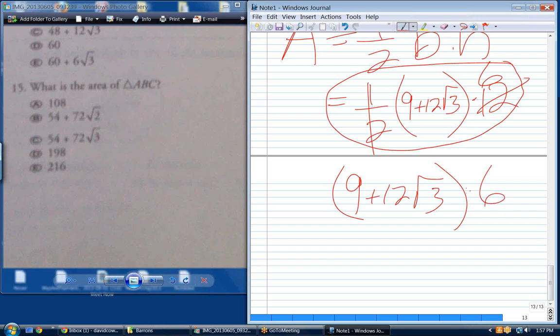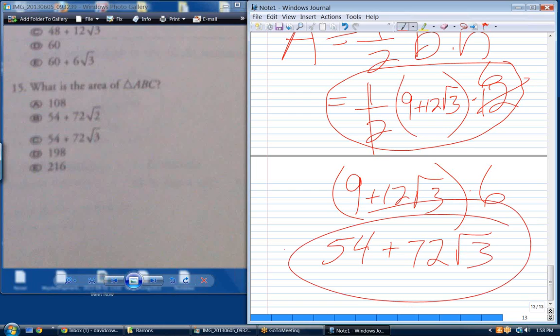Distribute the 6, what do we have? 6 times 9, which is 54, plus 6 times 12 root 3. And that's the answer.